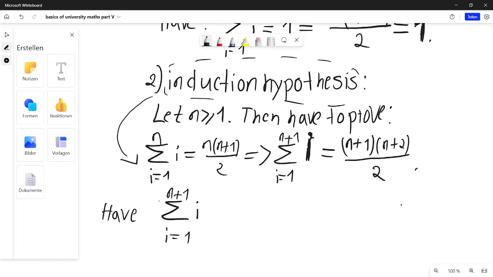Right, now we look at that. And we have to check that that is equal to that. So where do we start? Of course, we'd like to use the induction hypothesis. How do we do that? Well, recall what that was, and see that this is very similar to this.